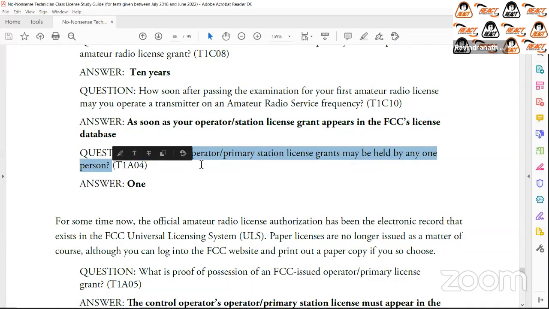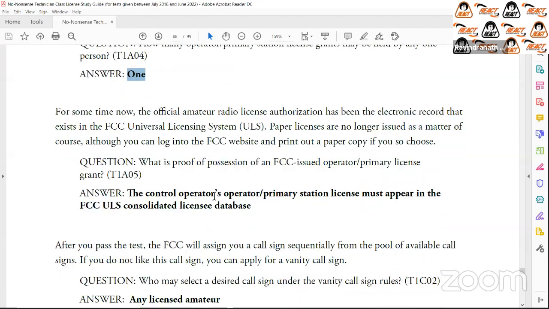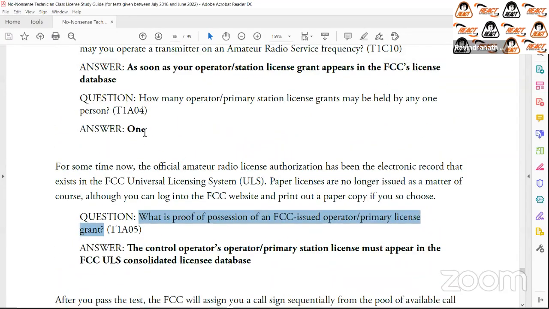How many operator/primary station license grants may be held by any one person? In other words, as an individual, how many amateur licenses can you have? The answer is 1. Therefore, you can only have 1 call sign. Maybe I should back up here.